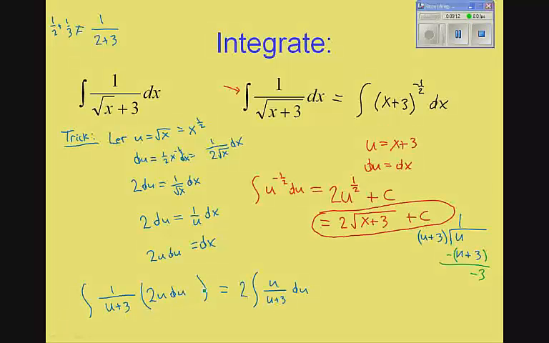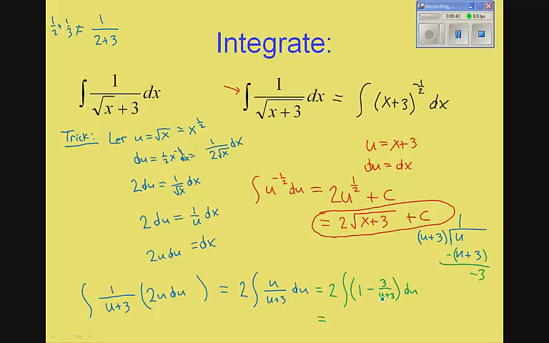So right now, let's see where we are. This equals 2 times, and what I'm integrating is 1 minus 3 over u plus 3 du. Honestly, I might take that 2 and distribute it.